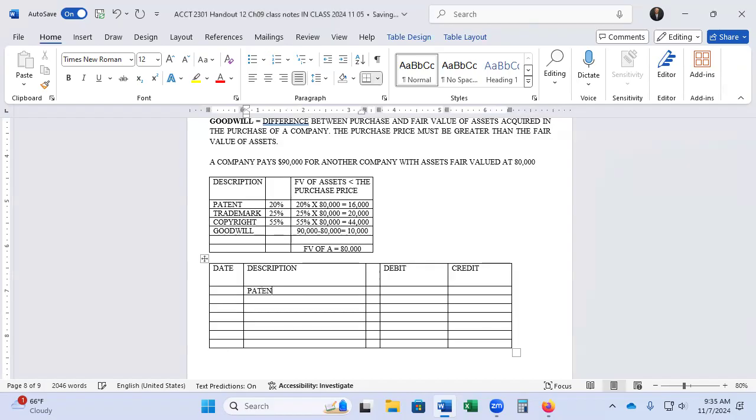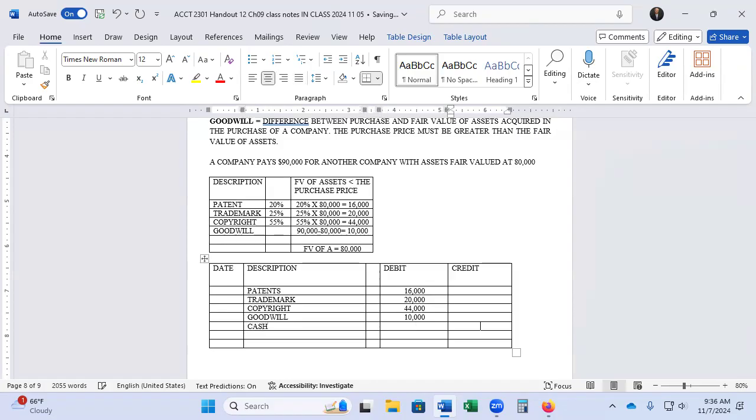Our entry would look like patents, 16,000. Trademark, 20,000. Copyright, 44,000. And then goodwill of 10,000.